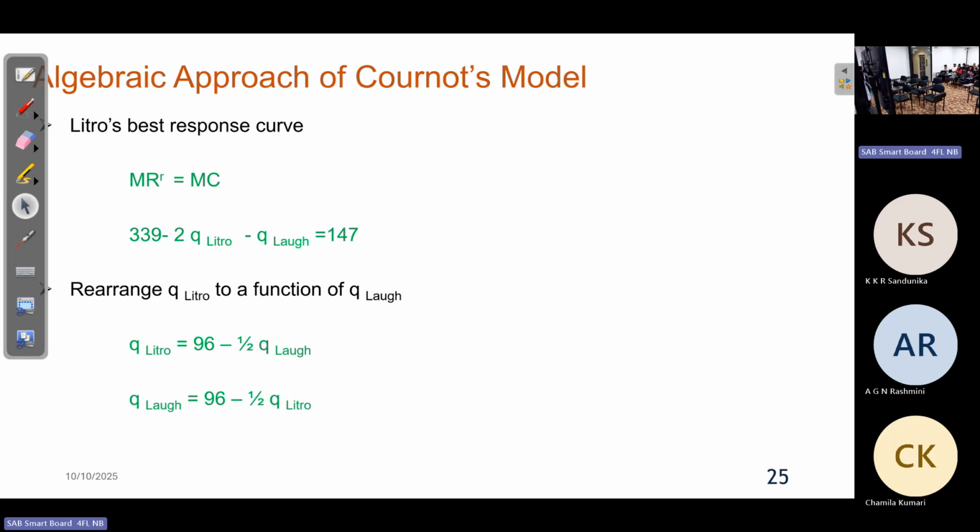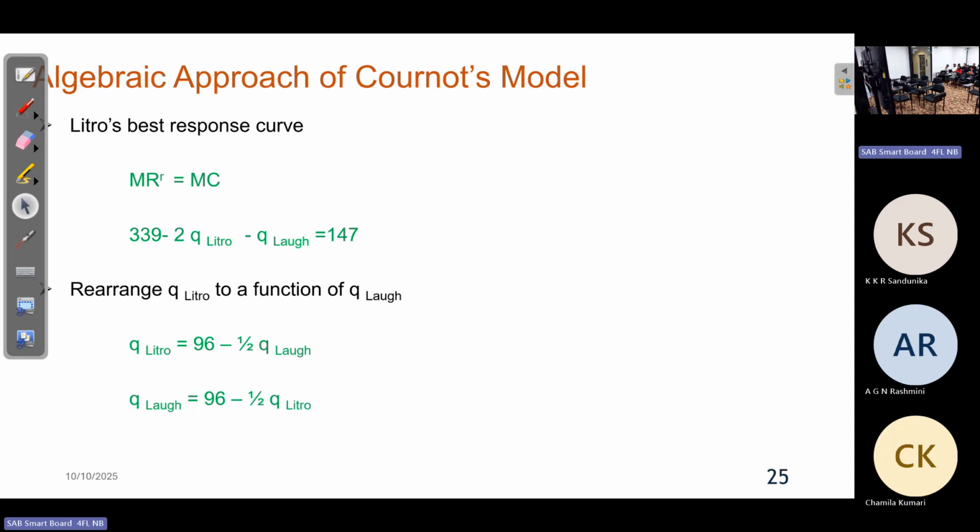So if you want to get the total revenue and marginal revenue, the very first thing you should know is that we have to convert this to the inverse demand with respect to P. So we write the original demand as the inverse demand curve.